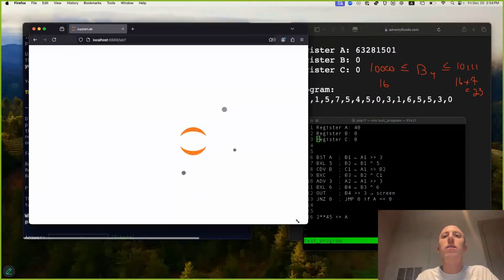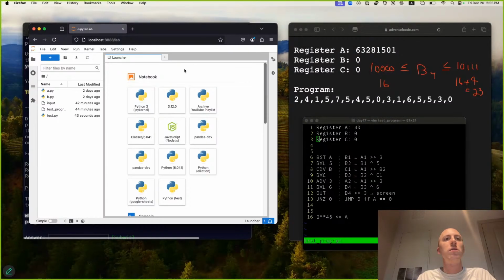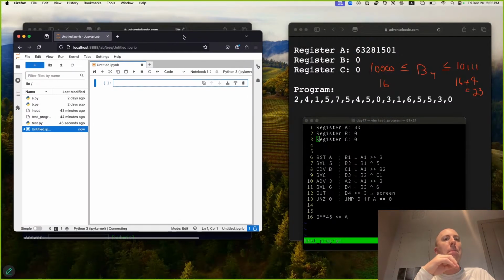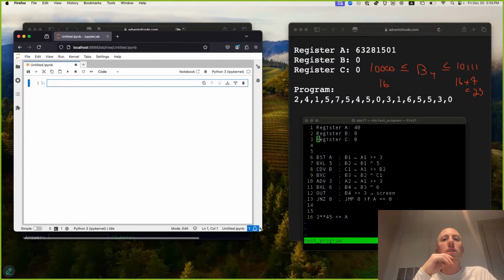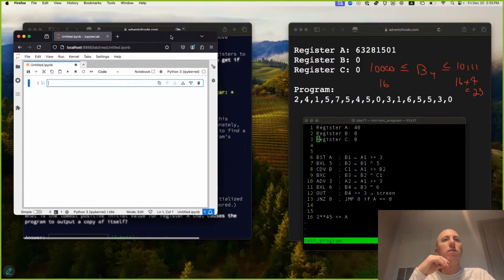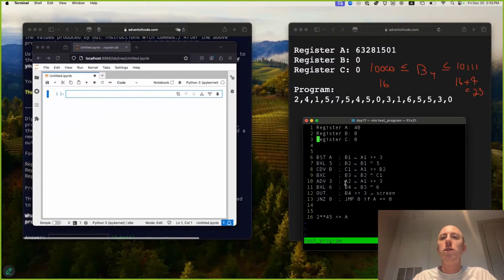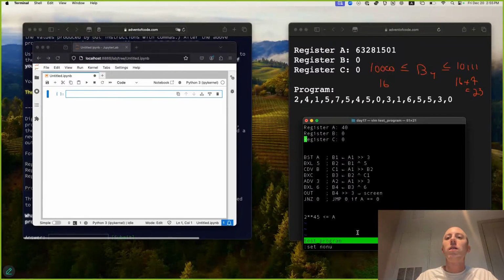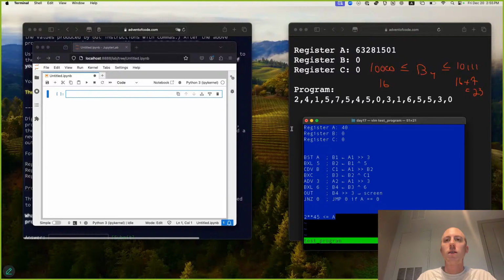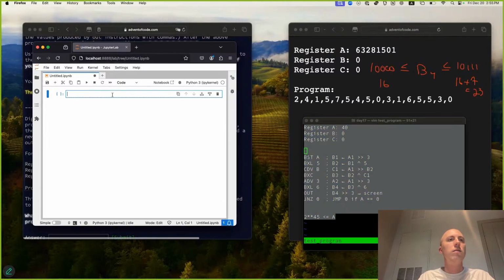Instead of the terminal, we can have this here, and save it here.